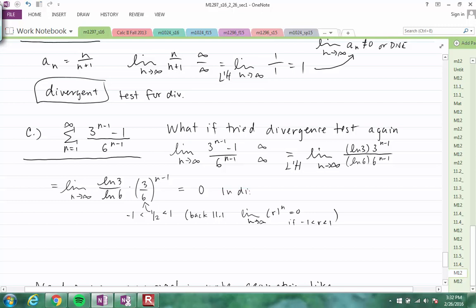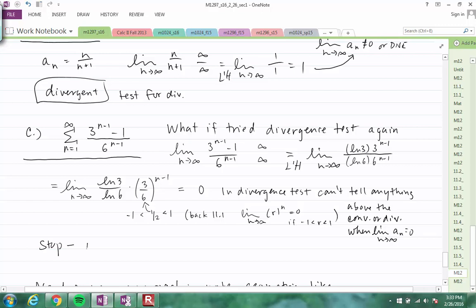So in the divergence test, you can't tell anything about the convergence or divergence when the limit of the general term is 0. So we just stop and we need to take a new approach.